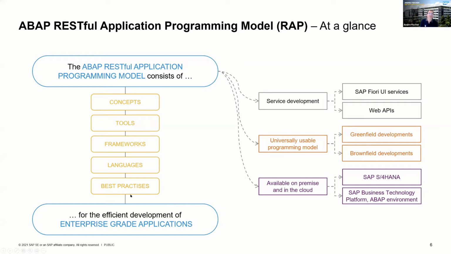It's a bunch of several things. So we have concepts, business objects, and how they are built. There is tooling around. And the language, languages is maybe not that correct. It's one language, that's ABAP.